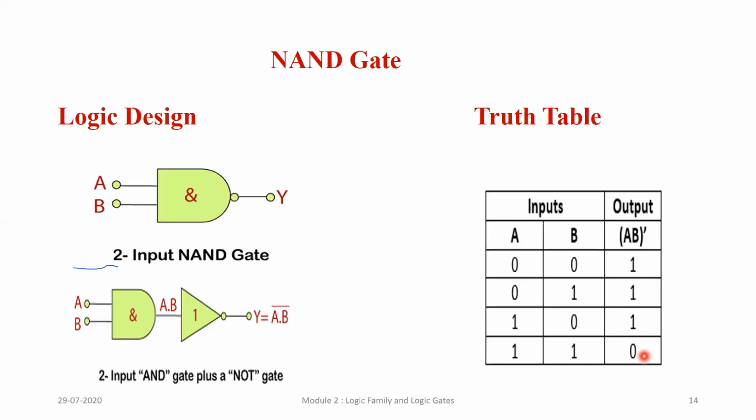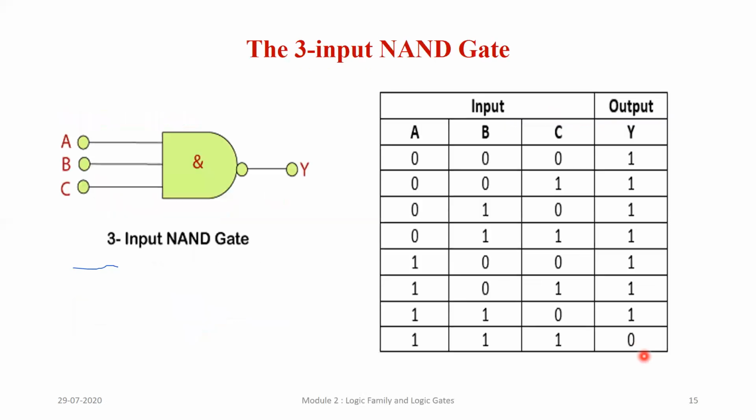Okay, so suppose this is my 3-input NAND gate. So I have A, B, C as inputs. Now the logic is that if any of the inputs is 0, the output is 1. In an AND gate, the output was 0 then. So here, when all the inputs are 1, my output is low.